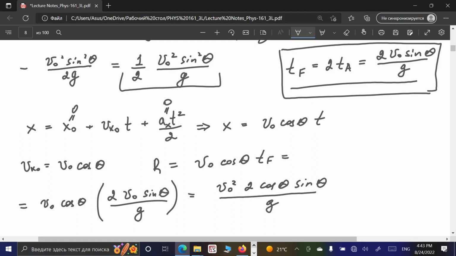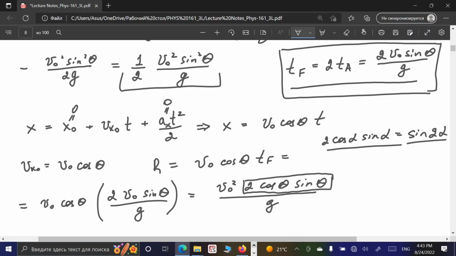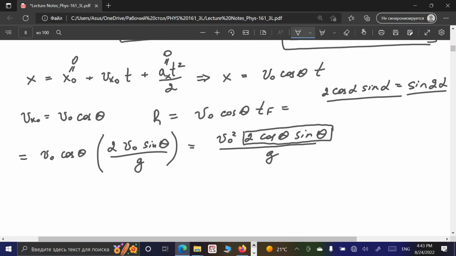Here, for this term we can use a trigonometric identity, which tells us that 2 times cosine alpha times sine alpha is equal to sine 2 alpha. So we can use this identity in order to simplify our equation.